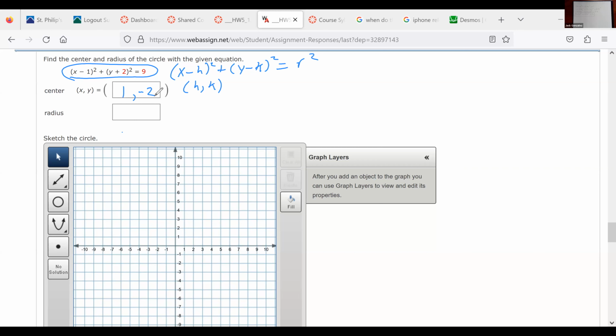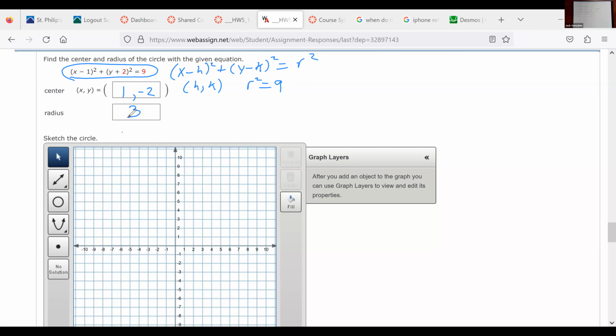So what is r? Radius. No, r squared is 9, so r has to be 3. Does that make sense?